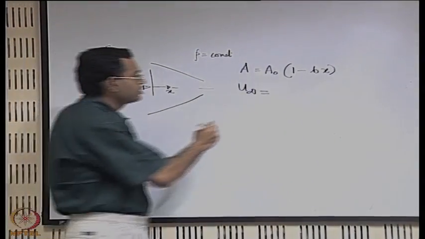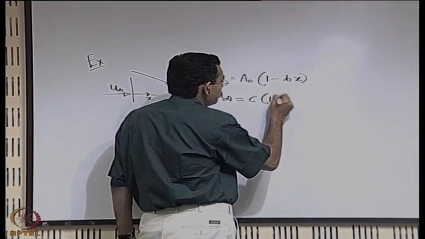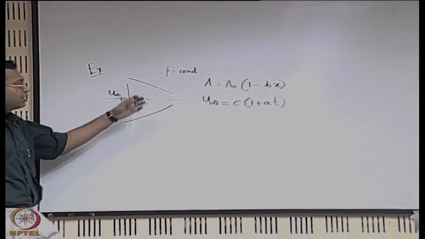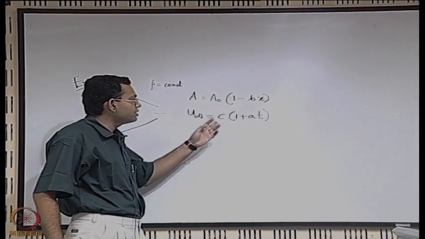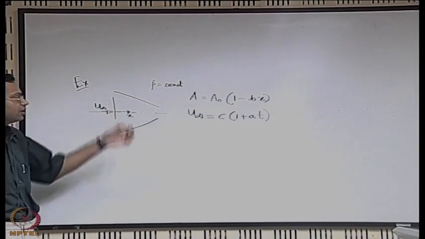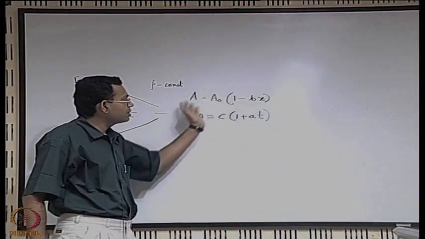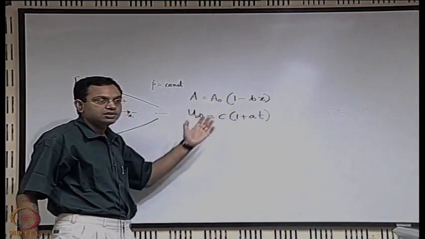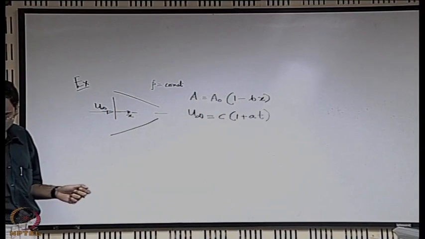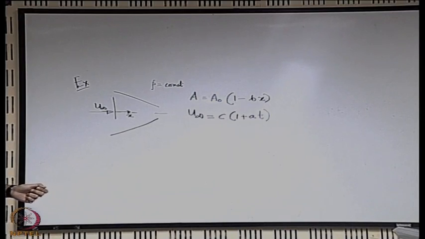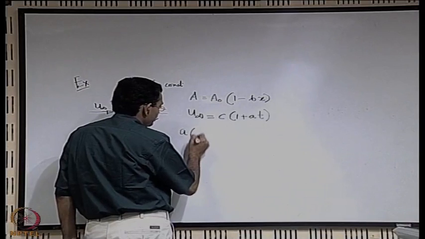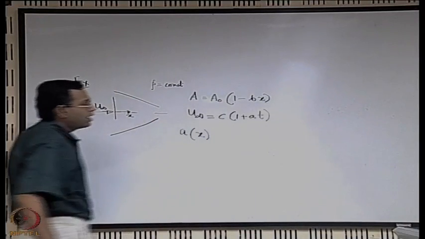So, it is of the form c into 1 plus at, where these a naught, b, c, a are some given numbers, and these are dimensional parameters to adjust the dimensions of the expressions. What we are asked to find out is the acceleration as a function of x.